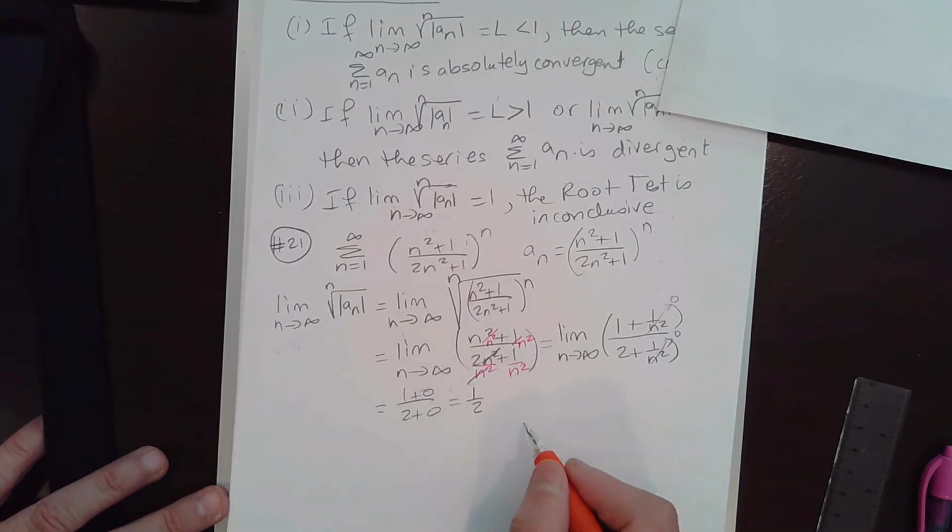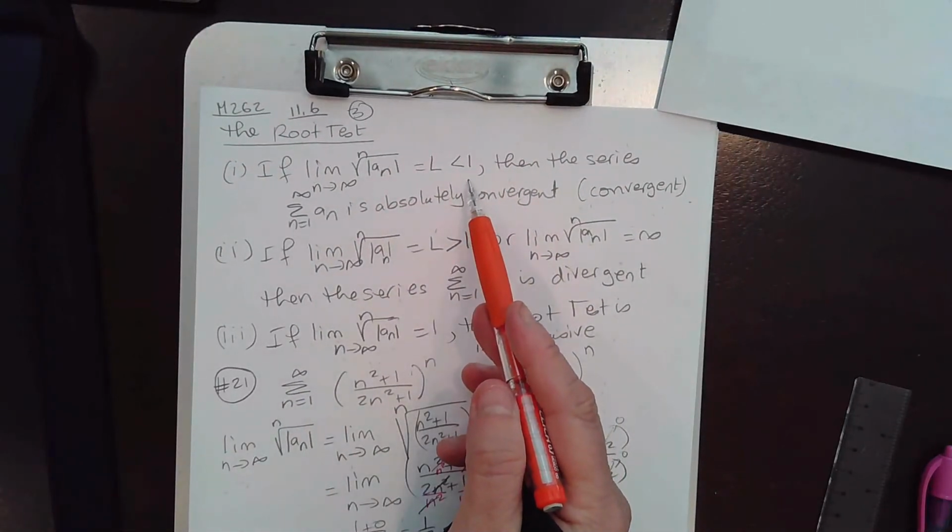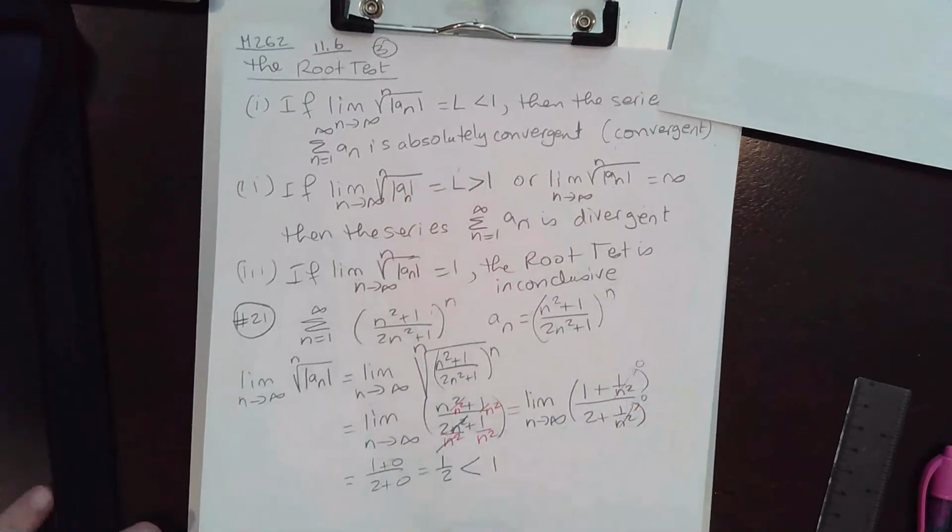So 1/2 is less than 1. So what can you say? If it's less than 1, then the series is absolutely convergent.